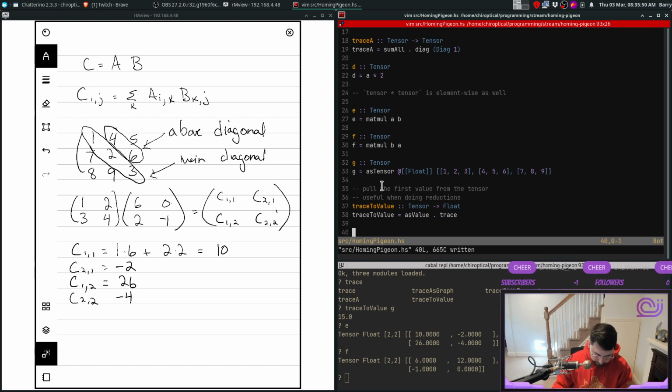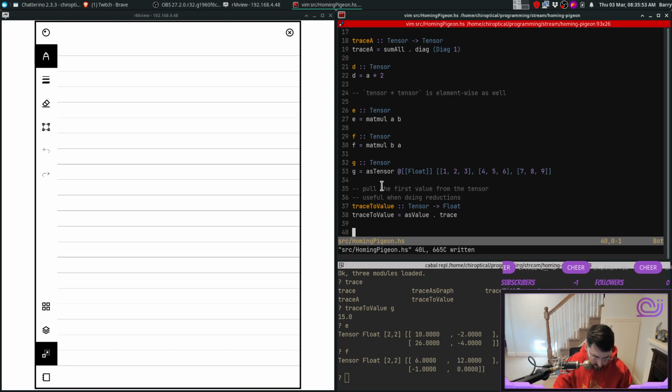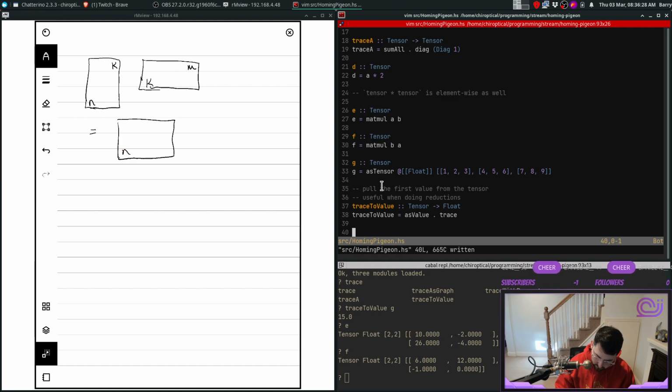Okay, so now there's some nice discussion about how to think about matrix multiplication and a bit about shapes. So let's draw some pictures. If we had a matrix with n rows and k columns, and a matrix with k rows and m columns, the resulting dimension of multiplying these together is always going to be n rows and m columns.